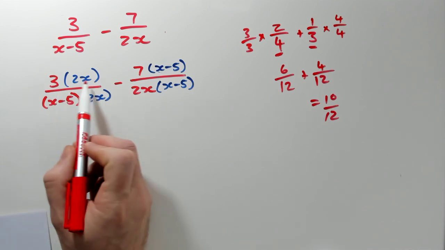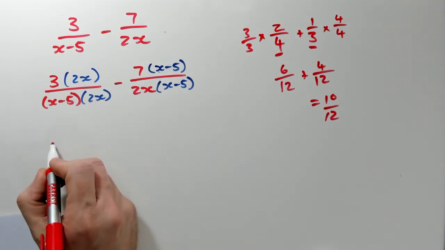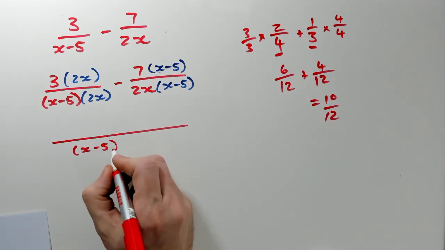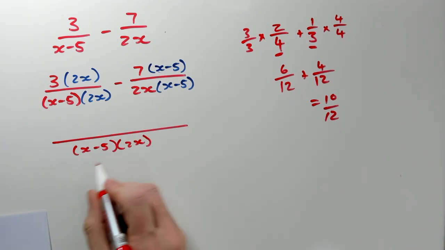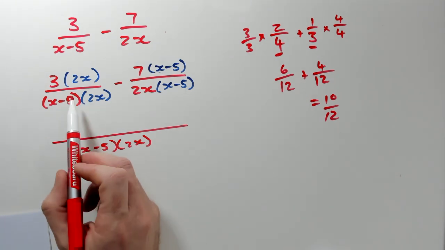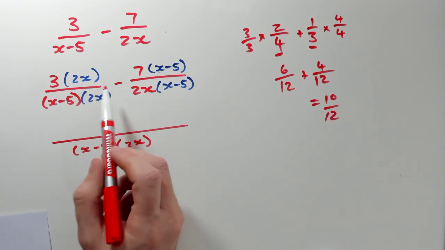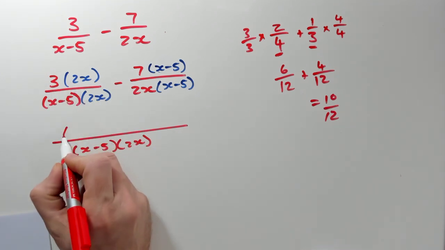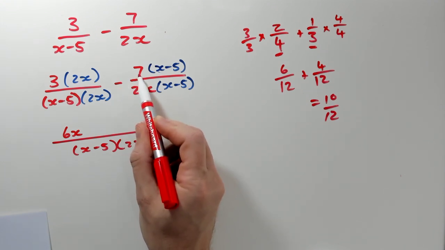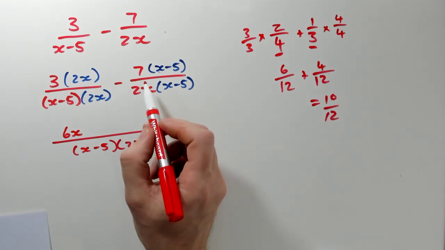So now I can write everything on the same denominator, which is x minus 5 and 2x. I can multiply that out or just leave it in factor form. That's all good. But I have to do this whole thing now. So 3 times 2x is going to be 6x. And now this negative 7, I have to remember it's negative 7 times x.